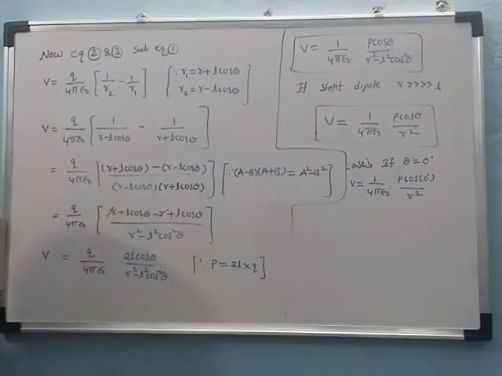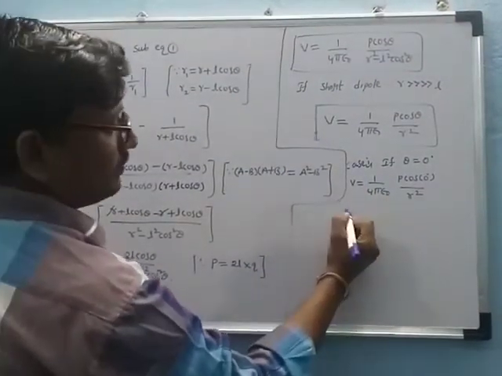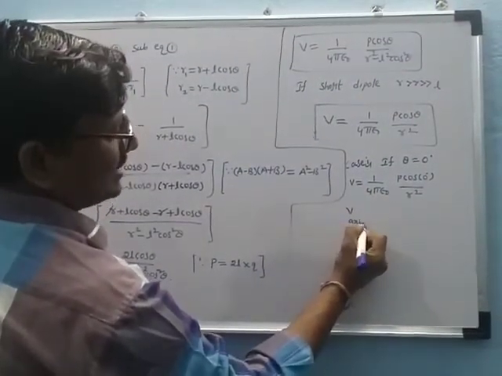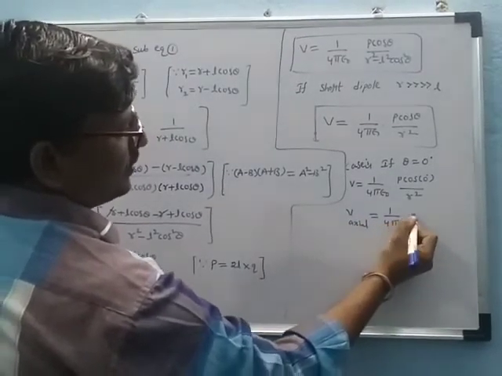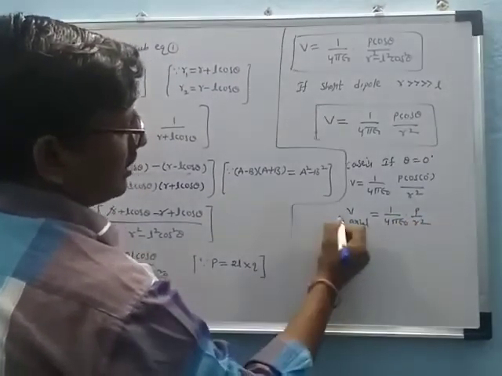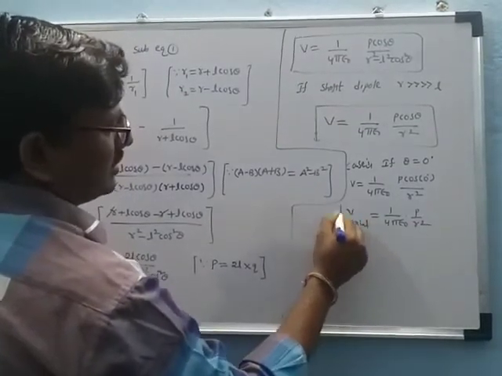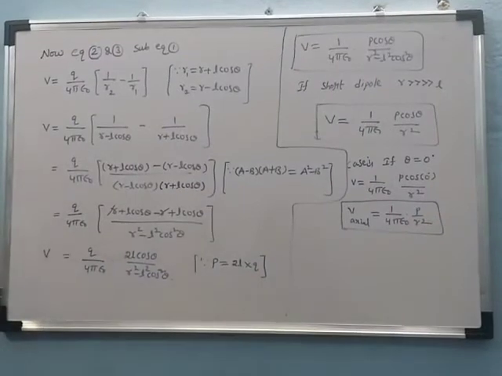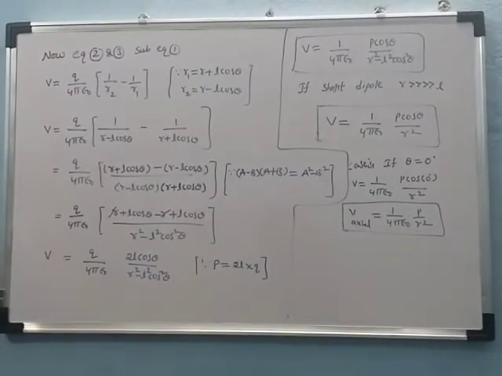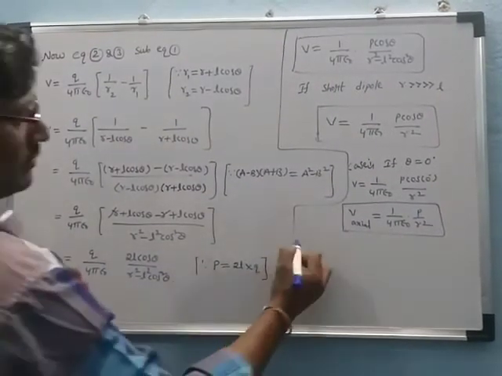Cos 0 is 1, so 1 into P, the axial P. This is the formula of the electric potential on the axial line: 1 by 4 pi epsilon naught P by R square.